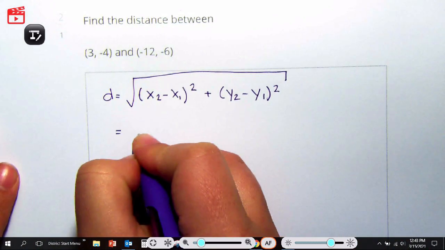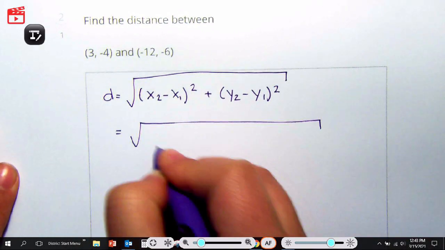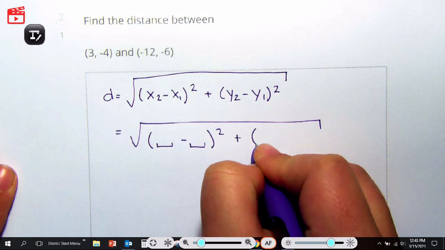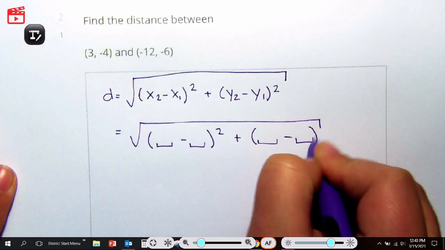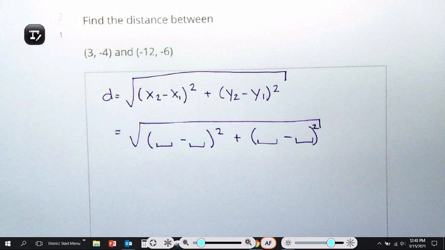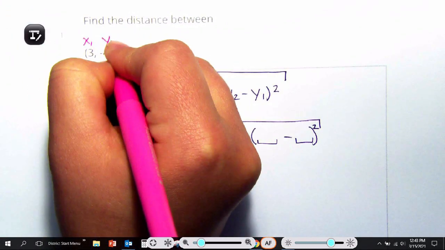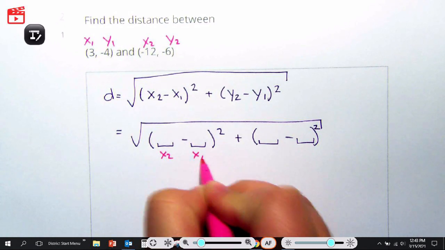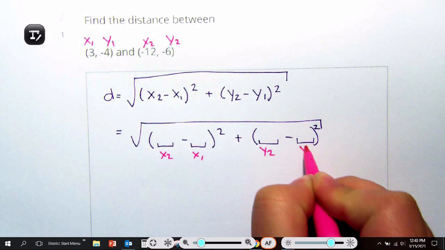Then we're going to rewrite the formula one more time, but this time we're going to leave gaps. Label your points. Here's your x1, y1, x2, y2. Again, x2, x1, y2, y1.